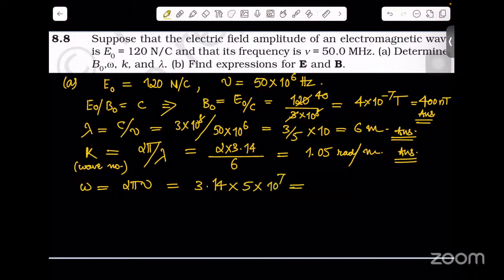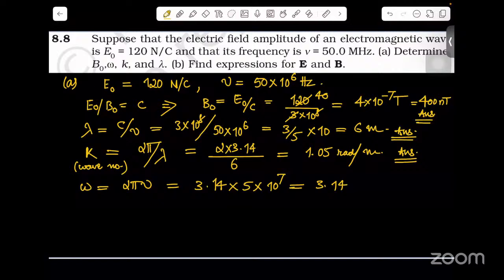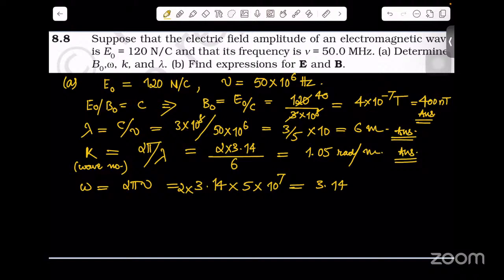So if you solve it, it comes out to be 3.14 into 10 raised power 8 radians per second. So this is the answer. So we found out all the four quantities.